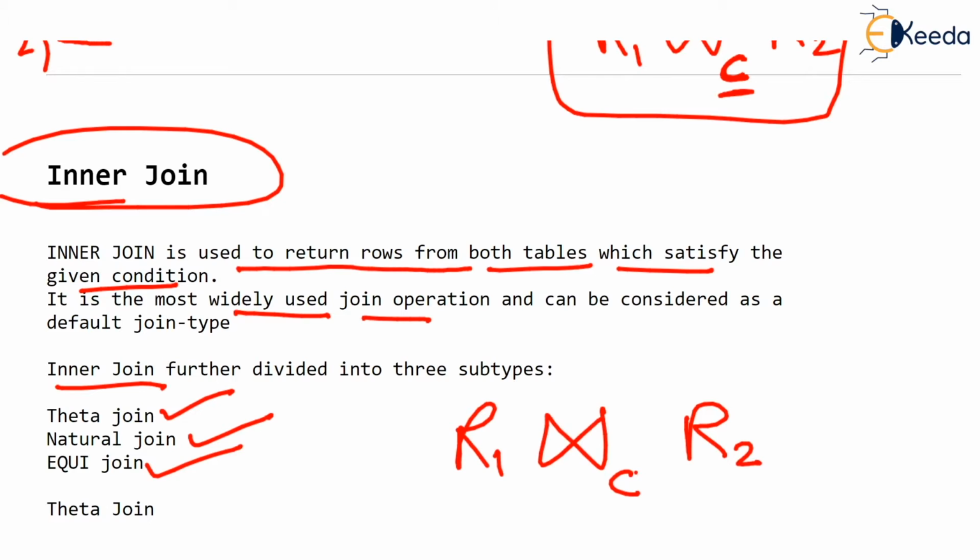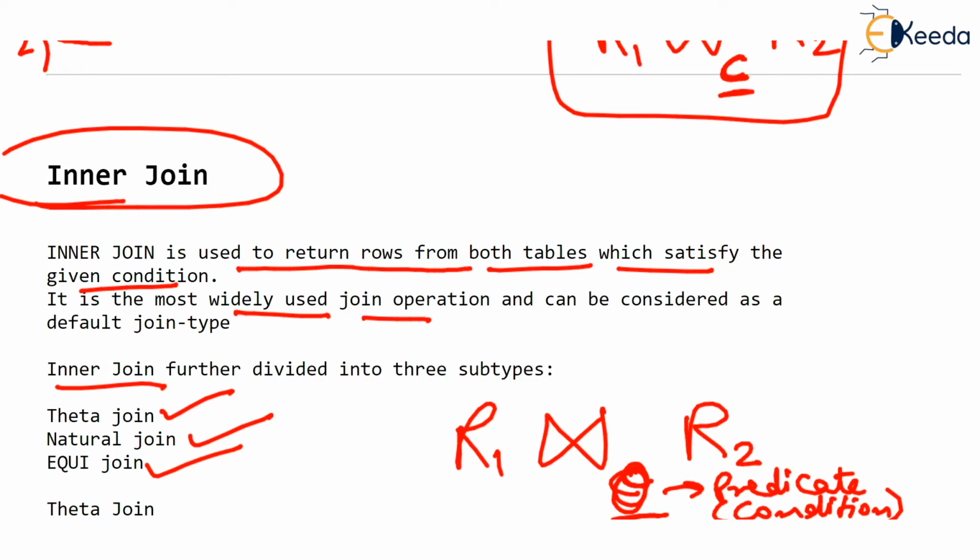This condition can be thought of as theta, and theta here means predicate. Predicate means some condition that you write, so that after finding the cross product of R1 and R2, this condition will be checked and only the rows which pass that condition will be shown in the result.